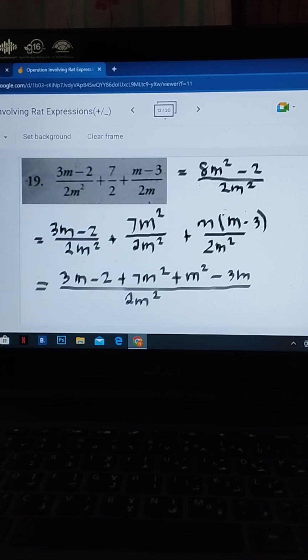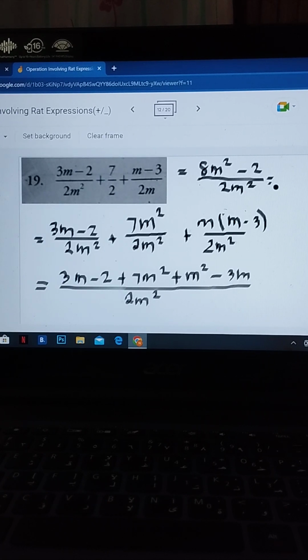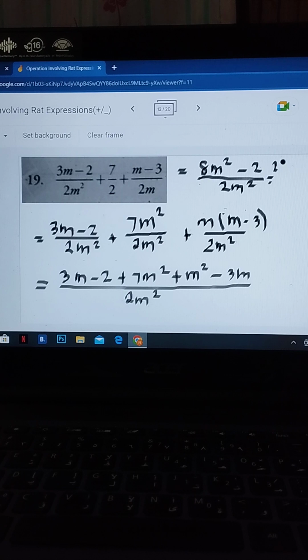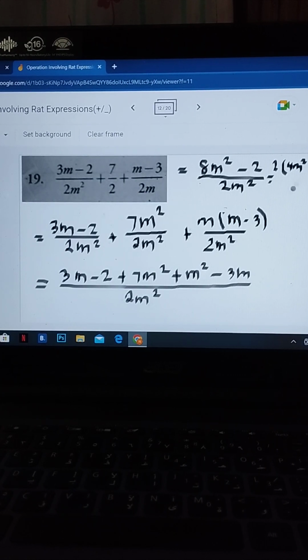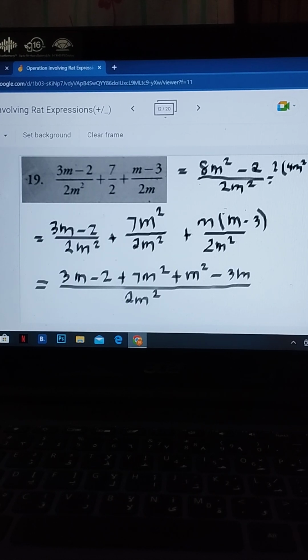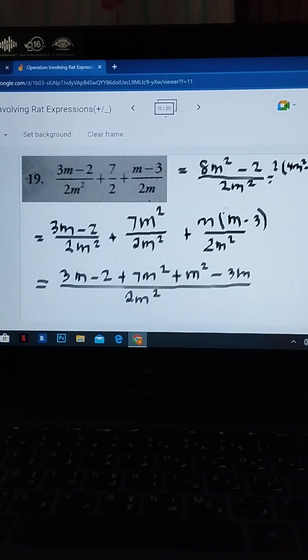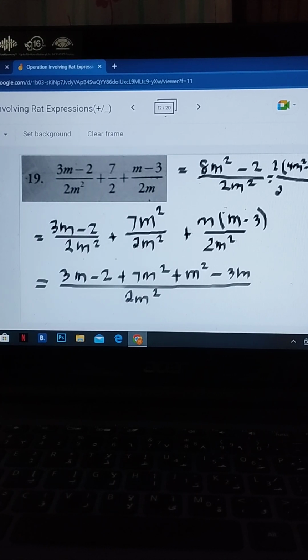Okay, so we factor out the GCF 2. So if we bring out the GCF 2, then 8m squared becomes 4m squared, the remaining is 4m squared, then we already factored out 2, so minus 1 over 2m squared.